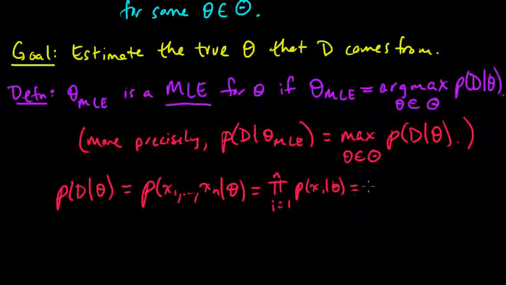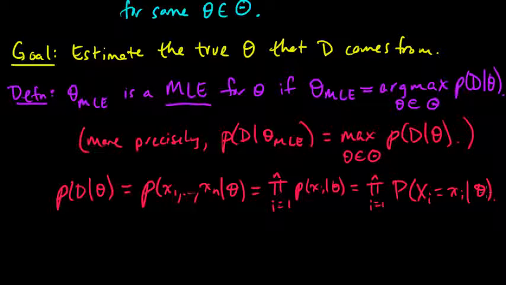And this is just the probability that Xi equals little xi under this distribution. So that's just an aside. So that's the MLE, or that is an MLE, and an MLE satisfies this property here.